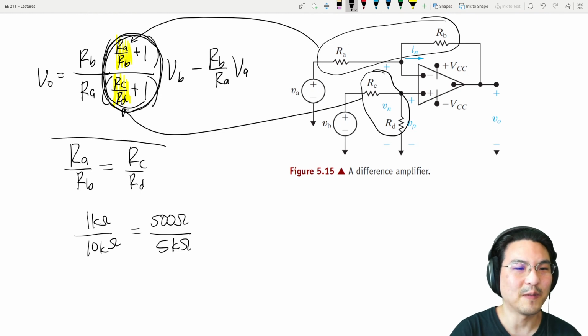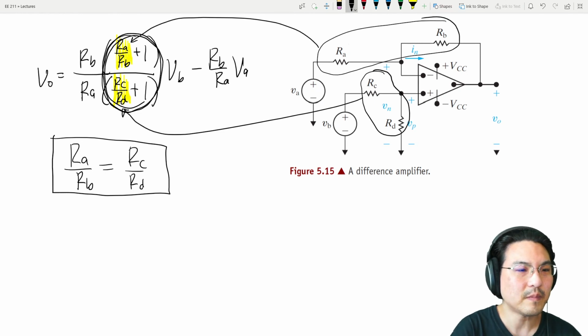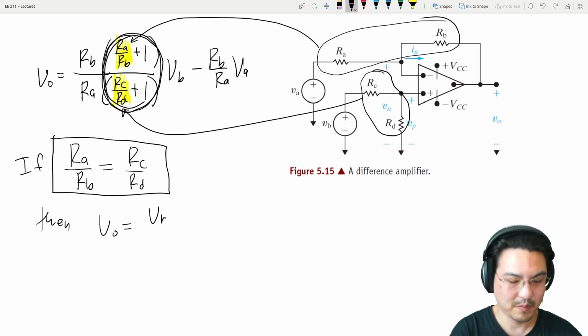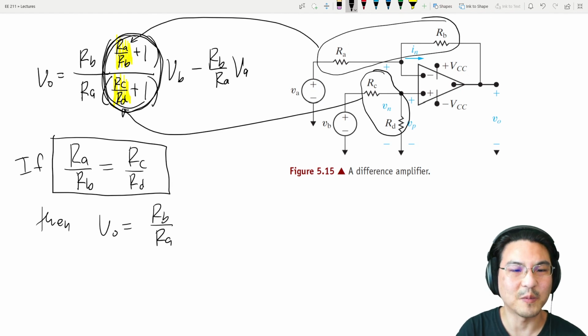So if we purposely make the ratios the same, then the output just becomes Rb over Ra times 1 Vb minus Rb over Ra Va.